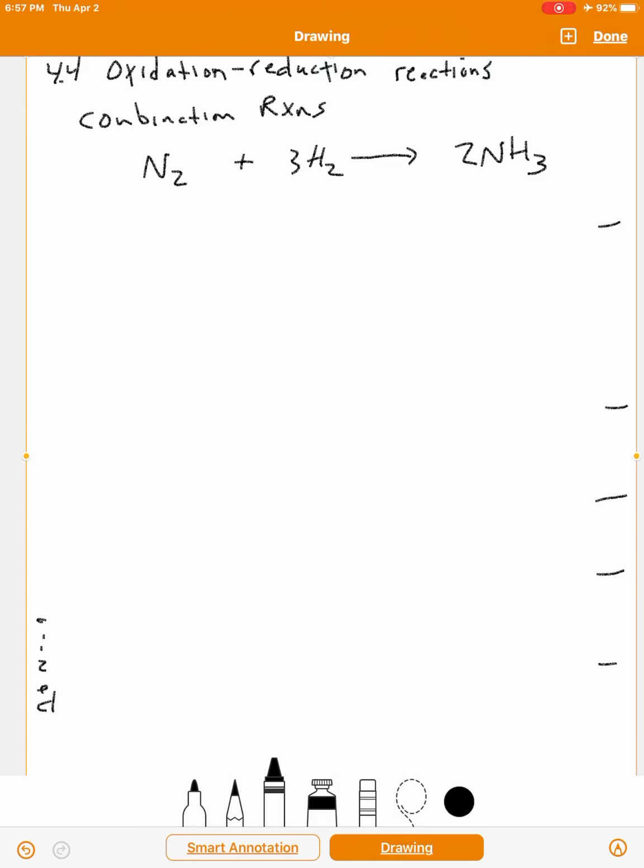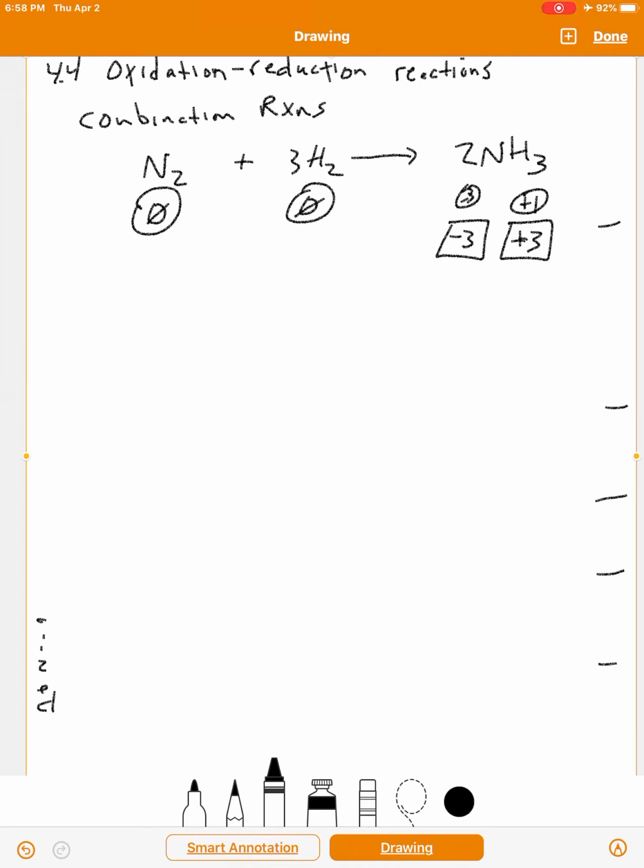The reason we know it's a redox reaction is that elements have oxidation numbers of 0. So nitrogen and hydrogen are 0. But in compounds, the oxidation numbers have to add up to 0. So you've got nitrogen and hydrogen, right? Well, hydrogen is plus 1. The total contribution, there's 3 of them, so that's plus 3. So that means the nitrogen has to be minus 3.